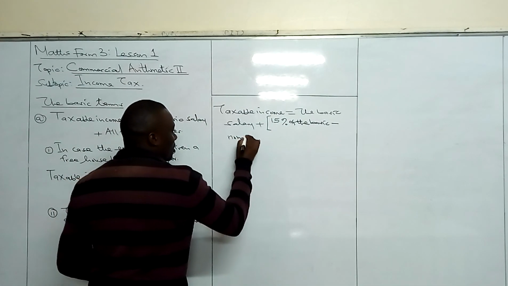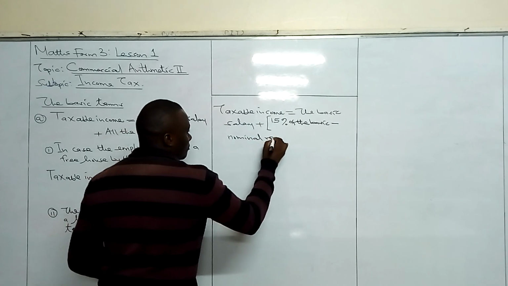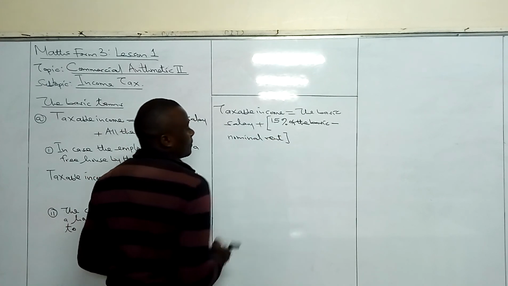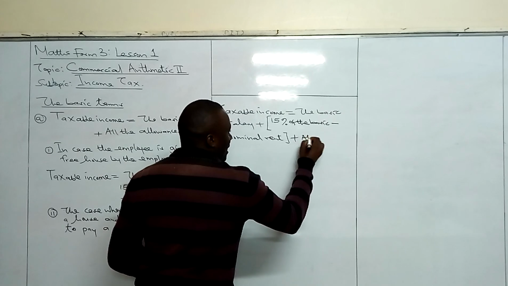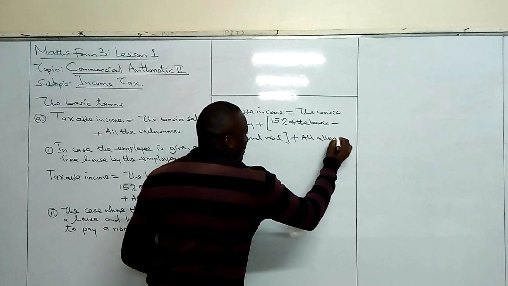You remove the nominal rent. Then you now add any allowance that is given.